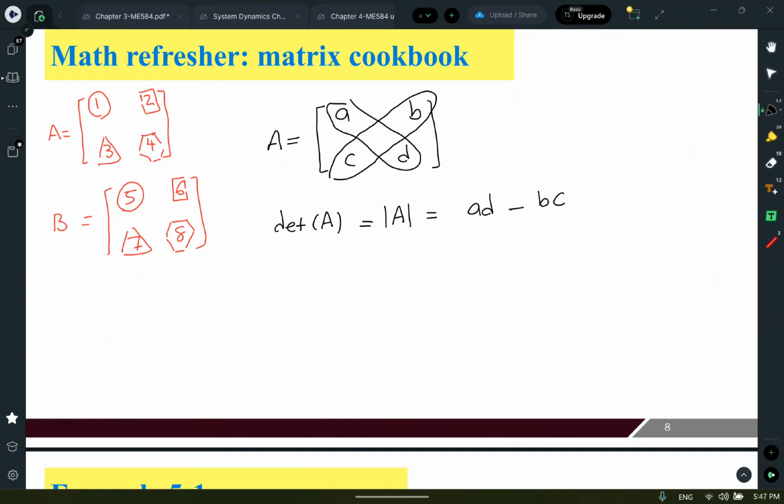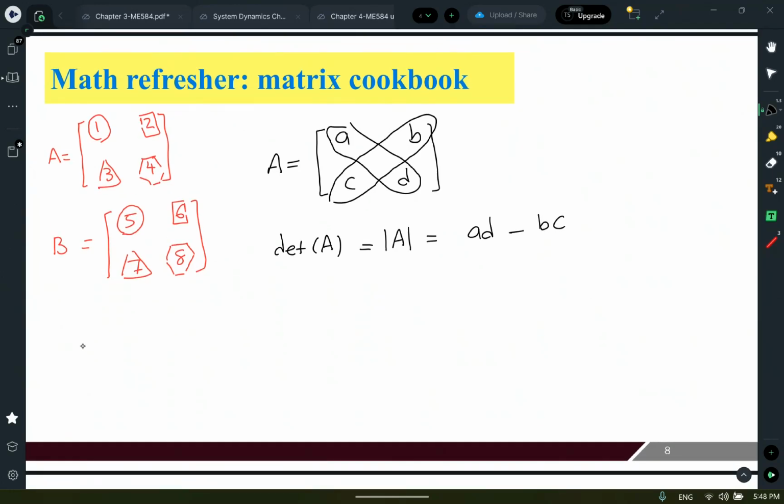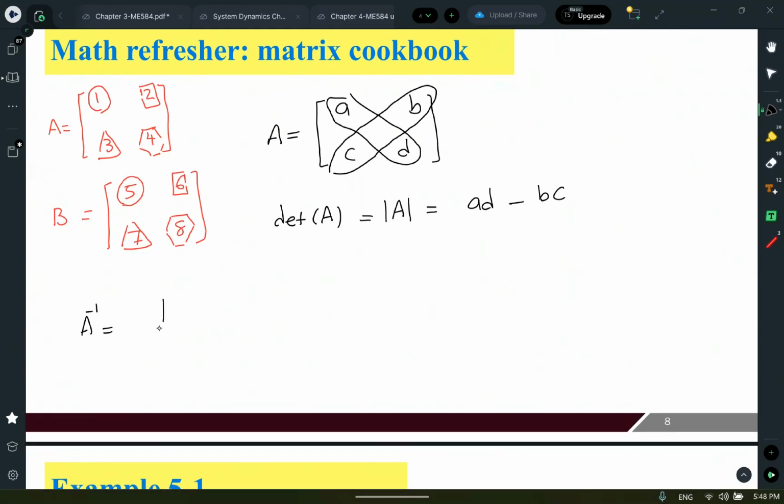The other thing is, if you are lucky and your determinant is not 0, then your matrix is not singular. For a matrix that's not singular, you're going to have a matrix inverse. For a 2 by 2 matrix, A inverse equals 1 over the determinant, multiplied by another matrix.